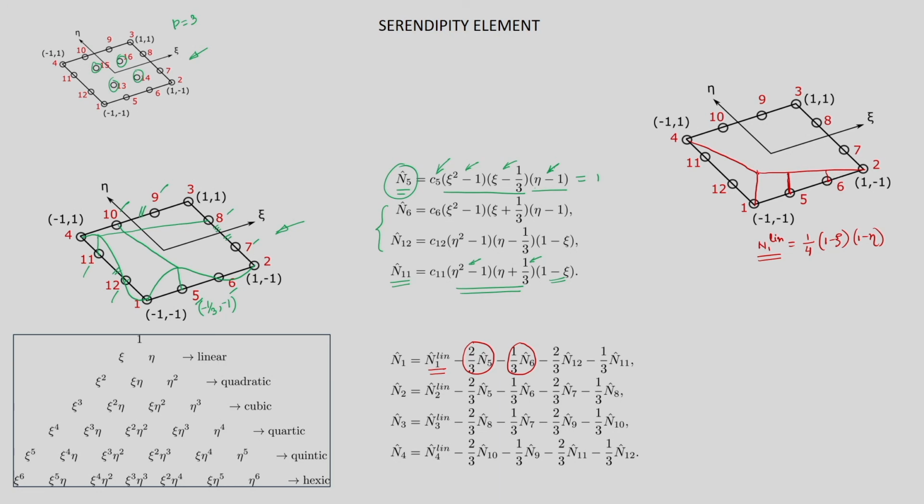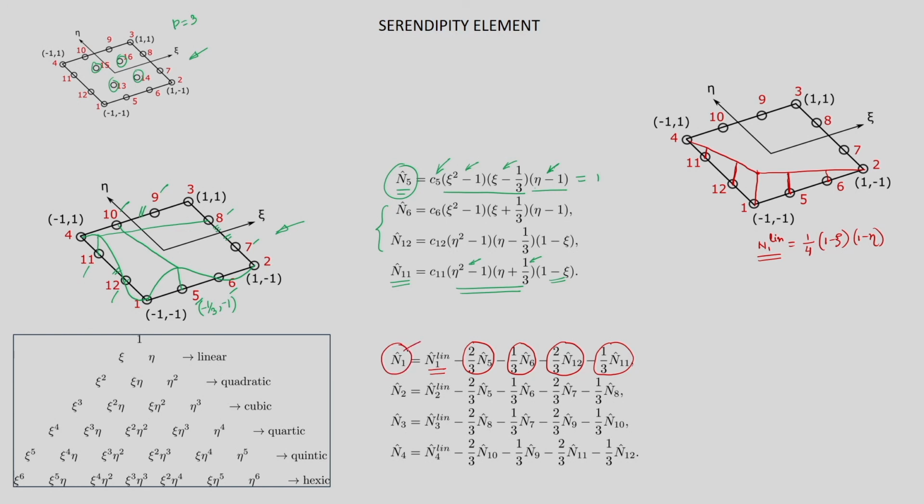Now, N1 also has to be 0 at node 12 and node 11. To do that, again we subtract 2/3 of N12. Why? Because at node 12 the value of N1 linear is 2/3. Similarly, here the value of N1 linear is 1/3. So, 1/3 of N11 is subtracted from N1 linear to construct N1.